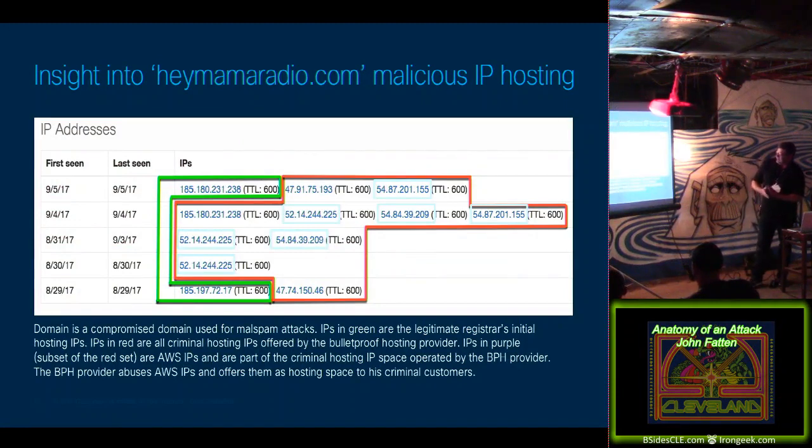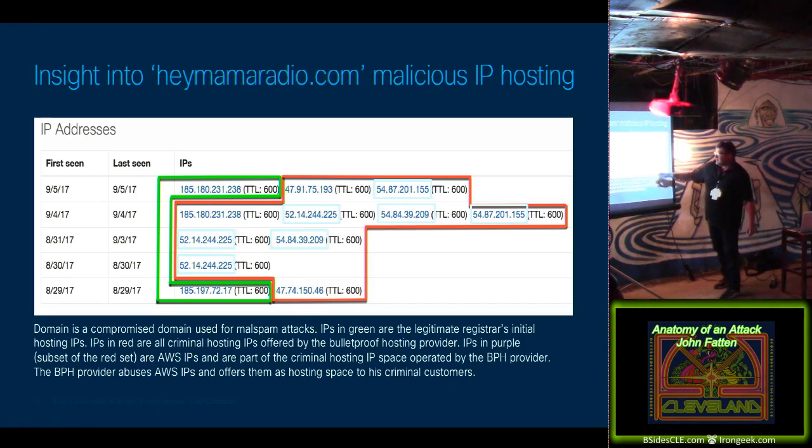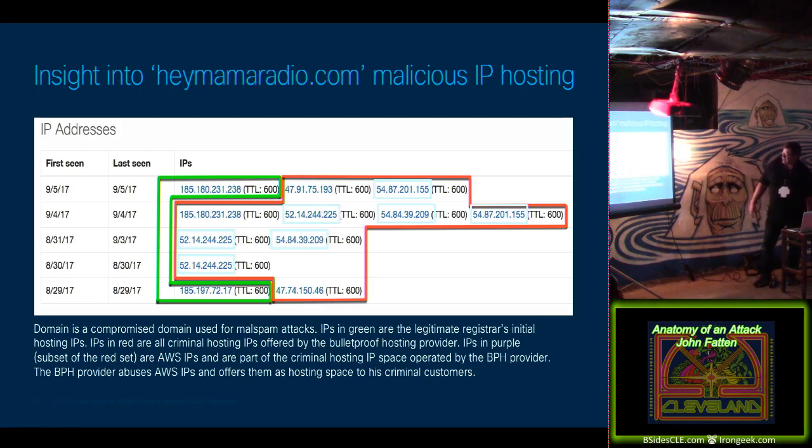And then another interesting thing here is that when we're looking at the IP addresses associated with it, you can see that the IPs have changed a little bit over time. So the day before, on the 29th, we saw that the original 185.197, which is the registrant's IP address, was leveraged, and then it transitioned to AWS for a period of 7 days or so.